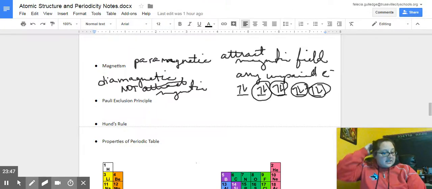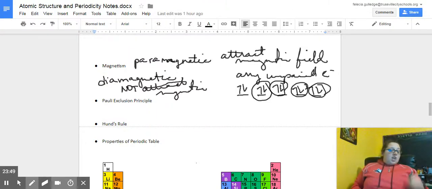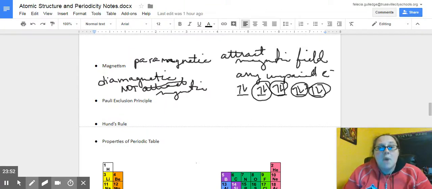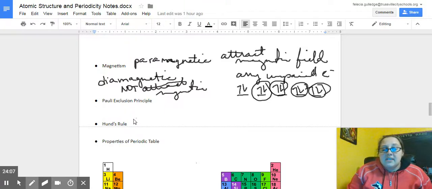And the last one is Hund's rule. Hund's rule says that the most stable arrangement of electrons is that with maximum number of unpaired electrons. Now, I do want to go a little bit more in depth with this, all right? So the most stable arrangement of electrons is that with a maximum number of unpaired electrons.